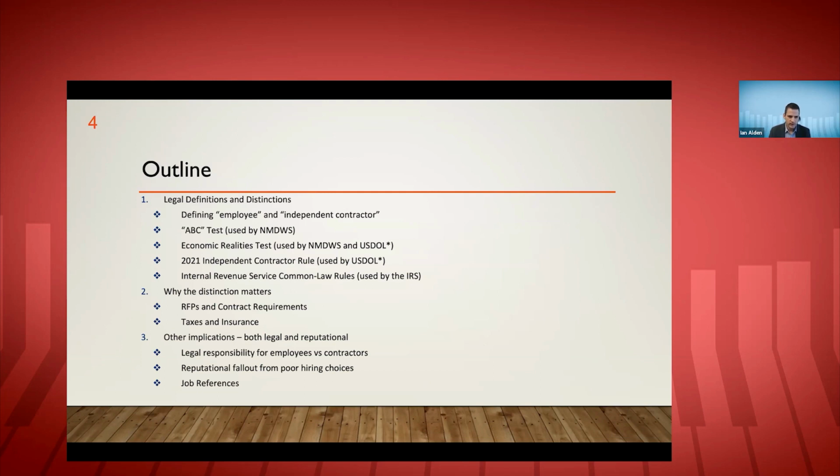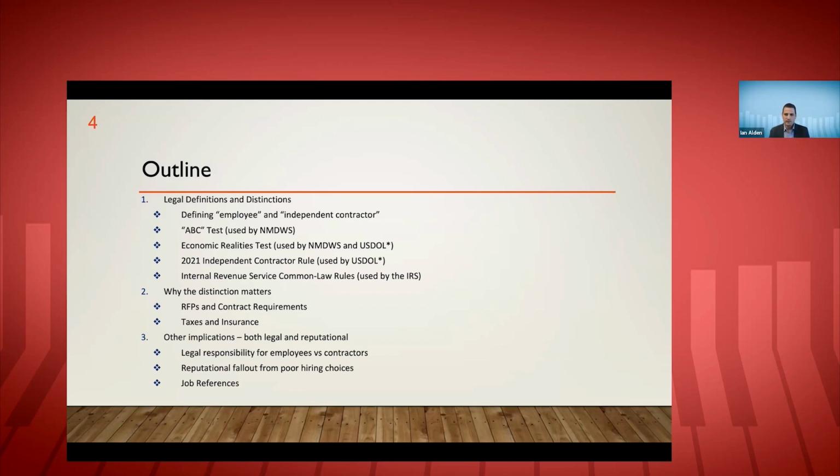So we're going to start, I've broken this into 3 rough sections. We're going to start with the legal definitions, because that's really what we're here for, the nuts and bolts of what is the difference between an employee versus an independent contractor. We're going to start by looking at some of the different tests that are applied, whether the tests by the Department of Workforce Solutions, Department of Labor, or both in some cases.